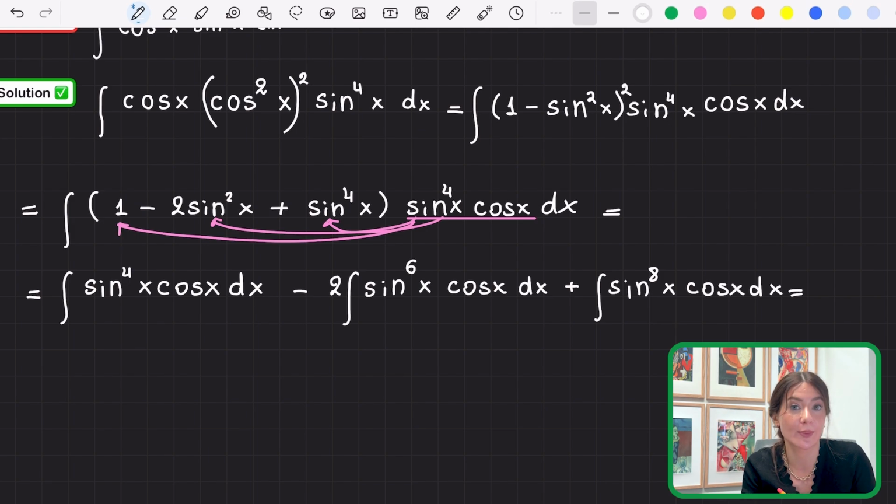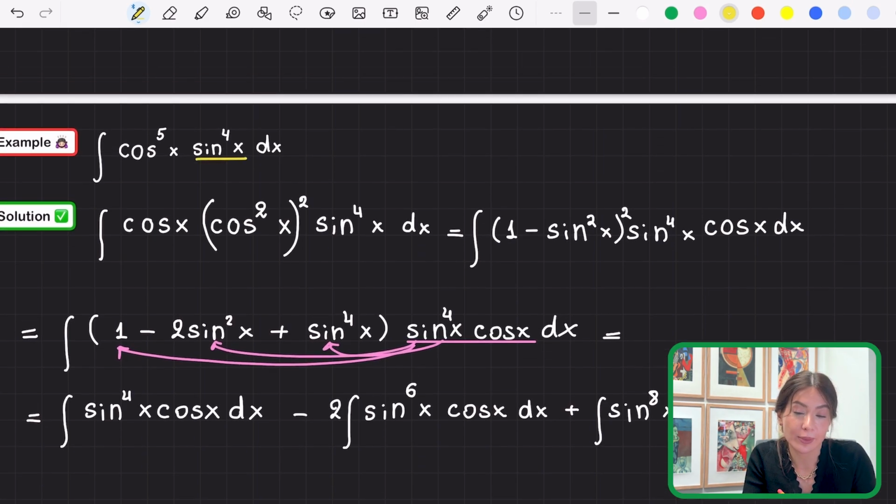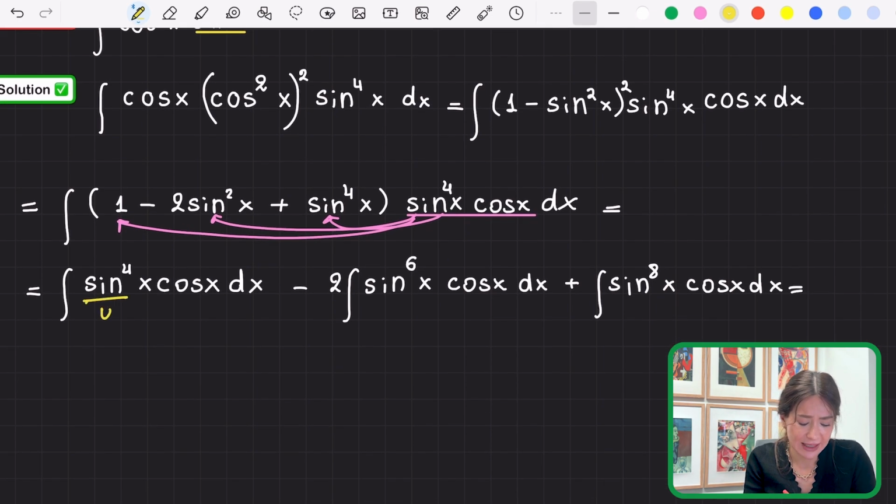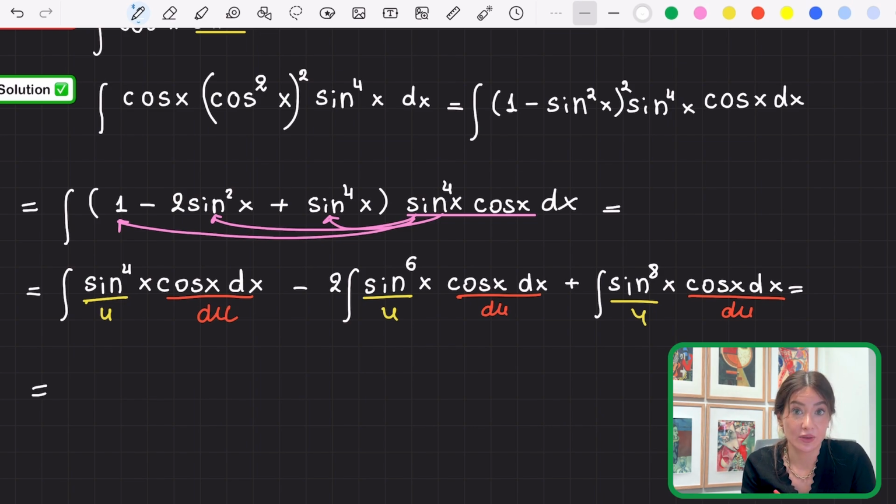Now I'm ready for the u sub. So you don't have to write a u sub in this case, because you know that whichever was in the even power, which was sine, and whichever you didn't tuck away for du, which was cosine, is going to be your u. So sine is going to be my u, and this is going to be du. And whenever sine is u and cosine is du, you don't have to account for a negative sign.